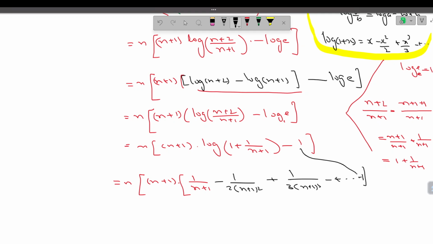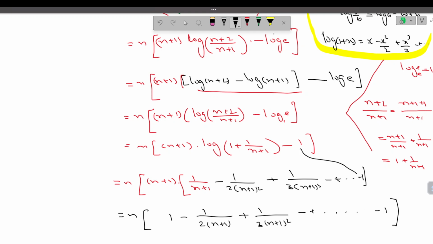This is minus 1. Now if we multiply by n plus 1, this n plus 1 gets cancelled, minus 1 by 2 of n plus 1, because one n plus 1 is gone, plus 1 by 3 of n plus 1 square, minus plus and so on.